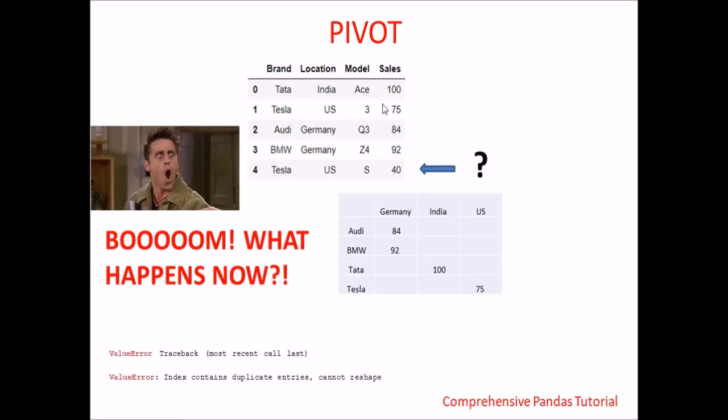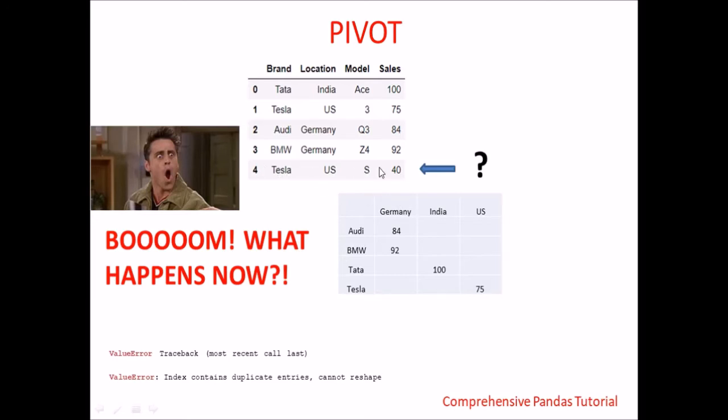Now, what do you think will happen if I were to add another row to this data frame which has a brand of Tesla and the location of US? Do you think this 40 will replace this existing value of 75? Or do you think this 75 will keep its place and this 40 row will be discarded?